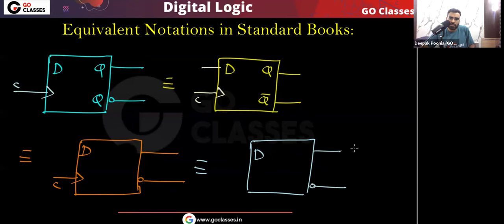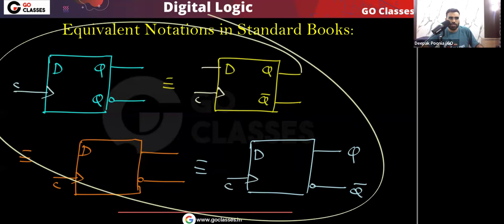and then you are writing Q here and Q complement here. This is perfectly fine, because basically you are saying this is Q and this is Q complement. So remember, if I write Q complement here, that is fine, because I am simply saying that this is Q, this is Q complement. I hope you understood.